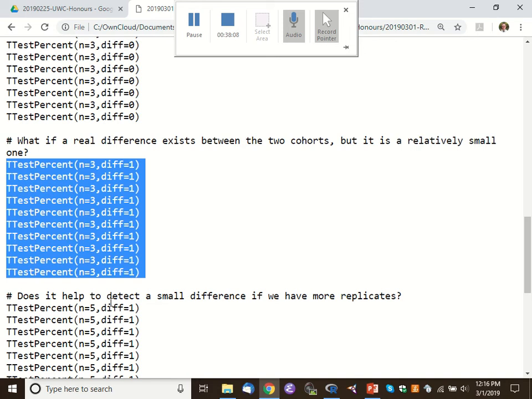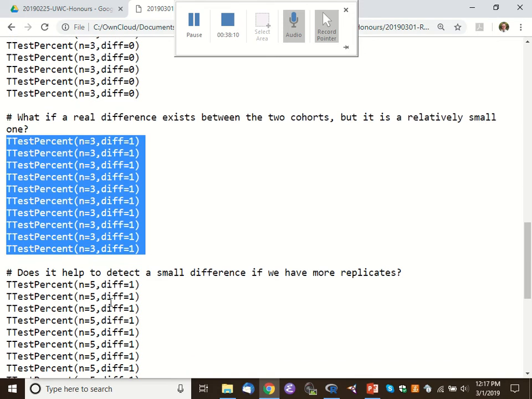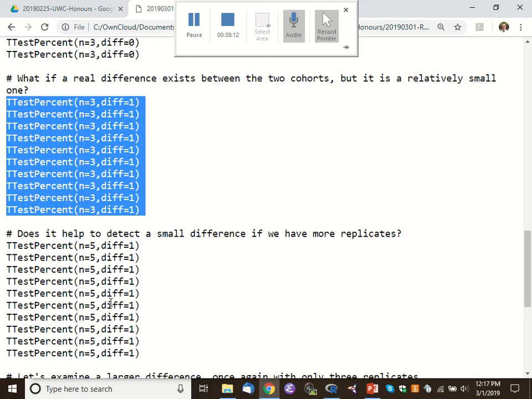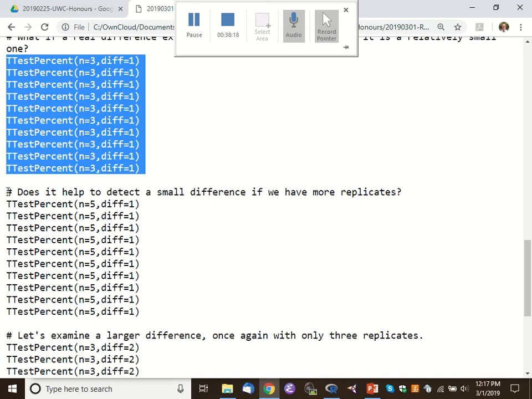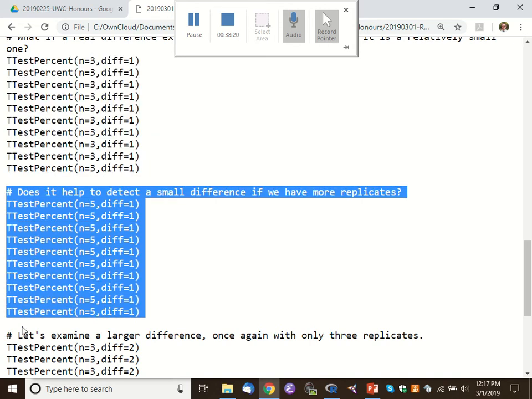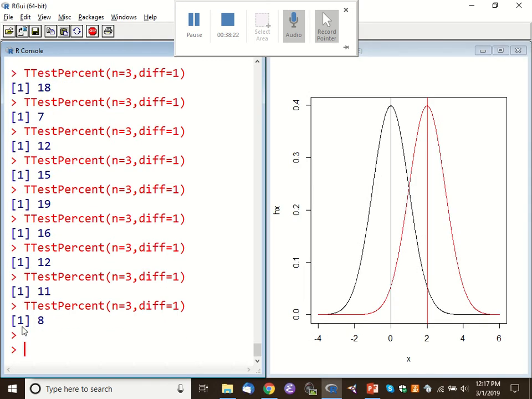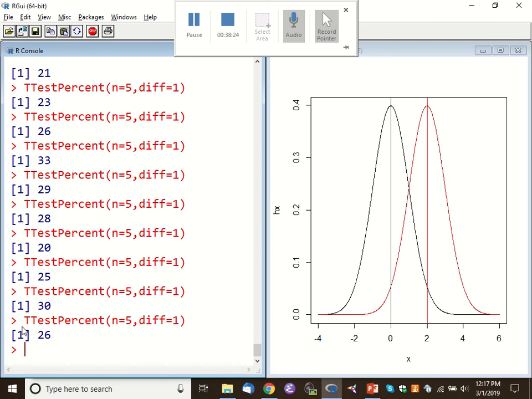Does it help if we instead provide a quintuplicate experiment? 5 values from red, 5 values from black. I'm going to go ahead and type this in. Did the numbers get better? Okay, so there's a real difference to be found.